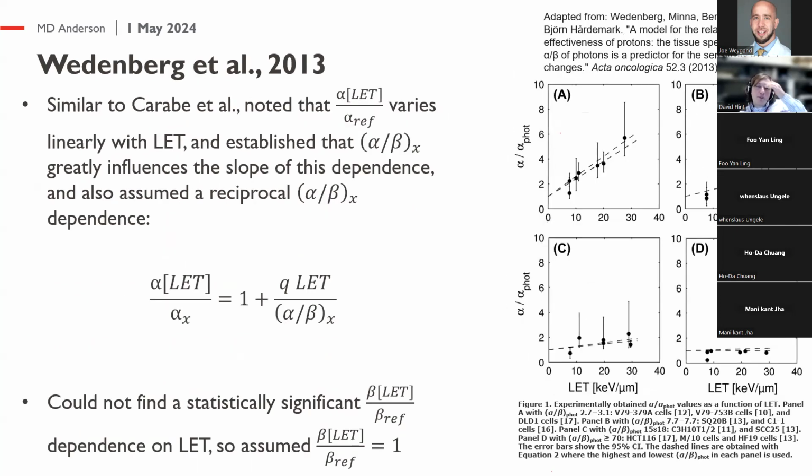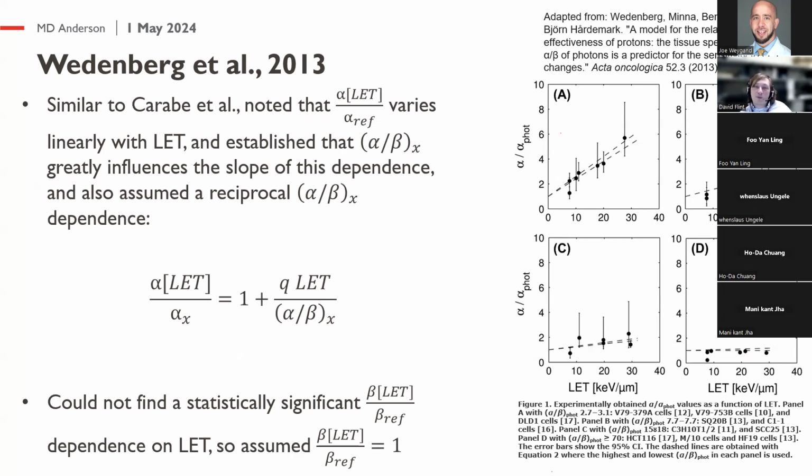Building on this work, there was another model published by Wedenberg et al. What they noticed is that alpha over alpha ref varies linearly with LET. They assessed this over a number of cell lines with different alpha beta ratios to determine how the alpha beta ratio will influence the slope of this dependence.